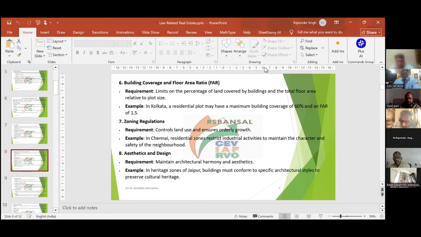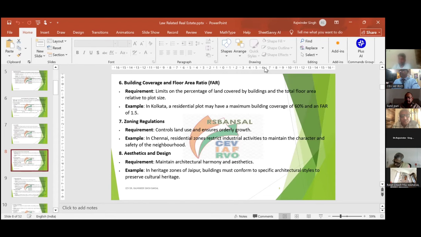Then building coverage and floor area ratio. All of us know there are two things: one is plot coverage and the other is floor area ratio. Plot coverage is basically ground floor coverage.